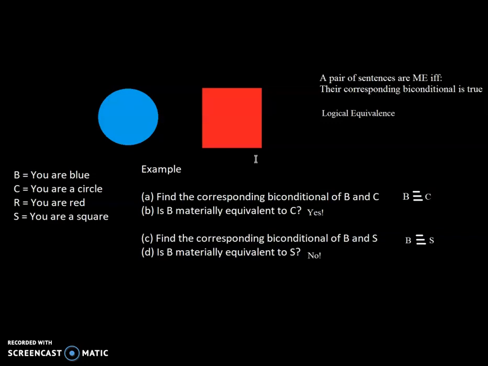A really nifty example in our own world, the famous example, is that of having a heart and having a kidney. It's true that having a heart and having a kidney are materially equivalent, because everything that has a heart has a kidney, and everything that has a kidney has a heart. But you could imagine some world where there are things with hearts that don't have kidneys, or things that have kidneys that don't have hearts.